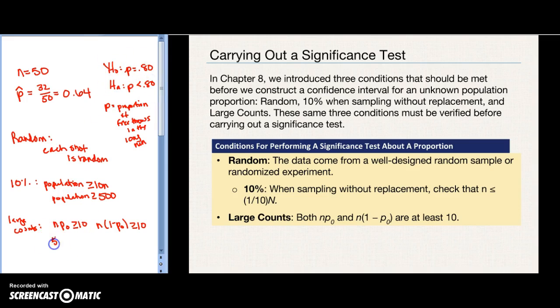So this would be, is 50 times 80% greater than or equal to 10, and is 50 times 20% greater than or equal to 10. In both of those cases, yes, that's true. So we've met our conditions. Same conditions as before when we were doing confidence intervals.